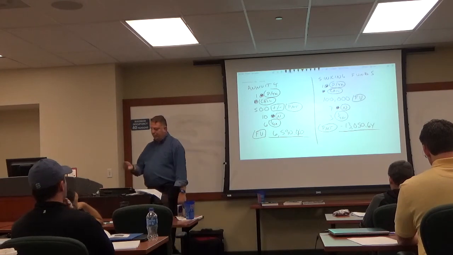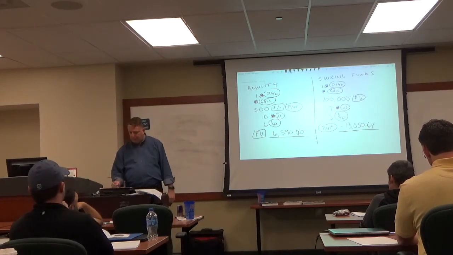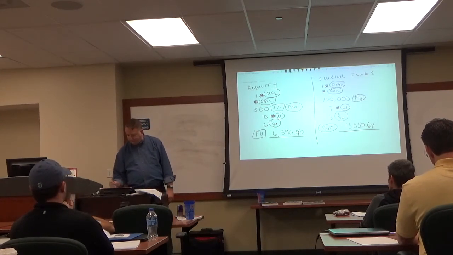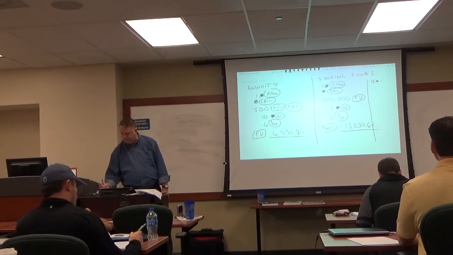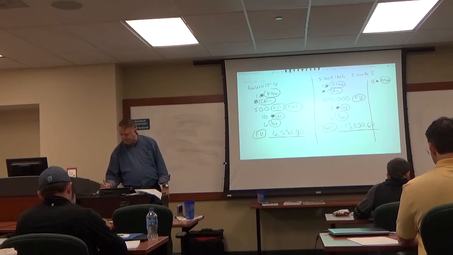Now, what if we wanted to do this on a monthly basis? Okay, what would we have to do? Basically, we go over here, change this to 12 payments per year, clear it out. We still put in the $100,000 as our future value.